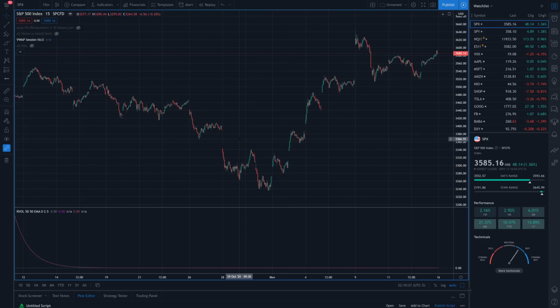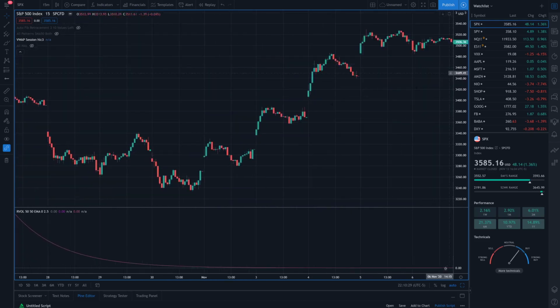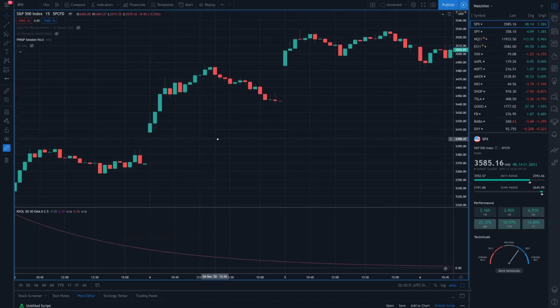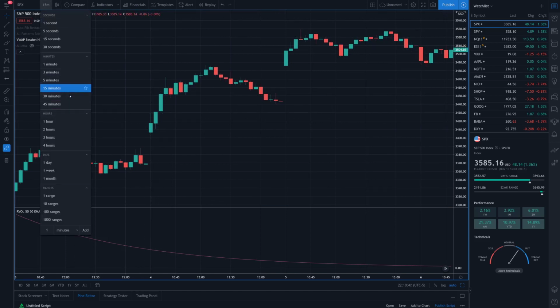Just to recap here, I want to make sure I recap. A candlestick is a price movement within a certain period of time, and you can change the time frames on whatever you chart on.